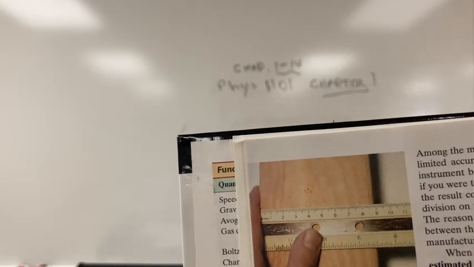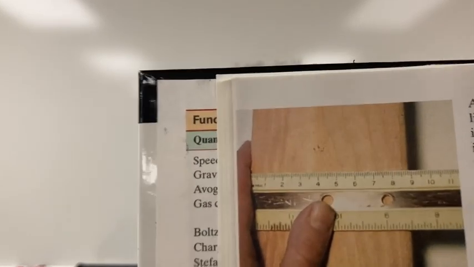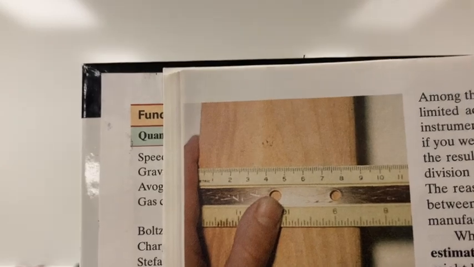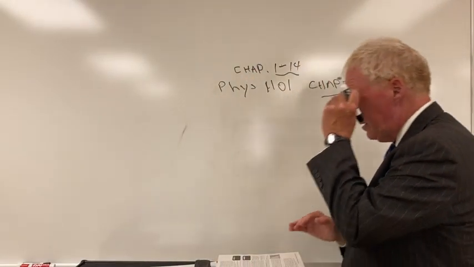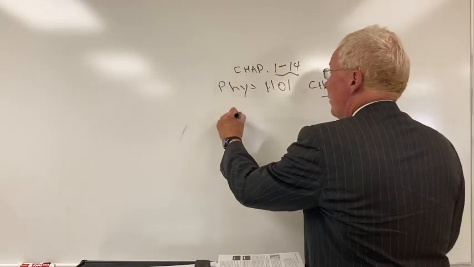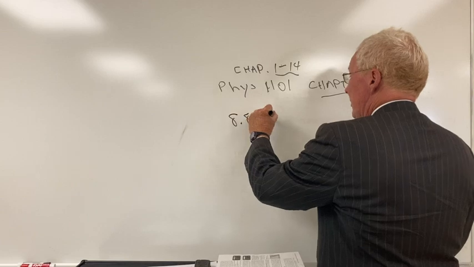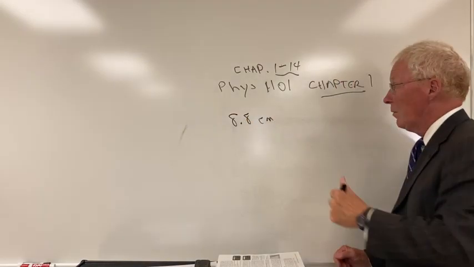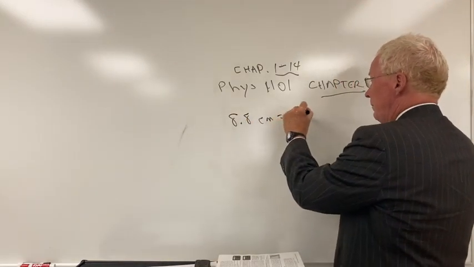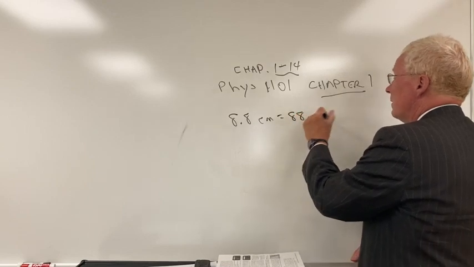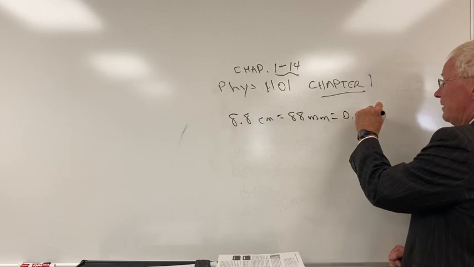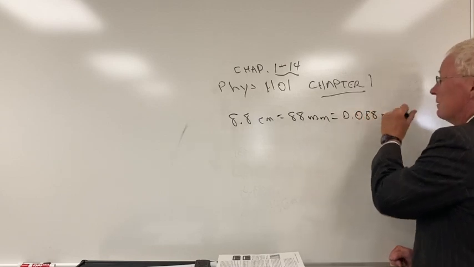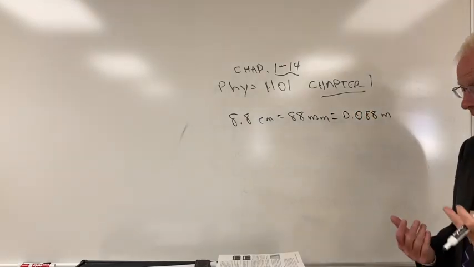The width of that board appears to me to be about 8.8 centimeters, or this would be 88 millimeters, or this would be 0.088 meters. All right, how accurate is that number?